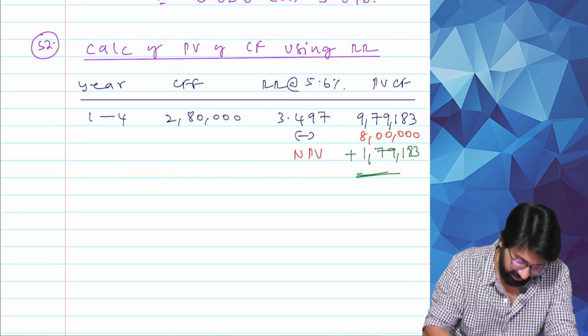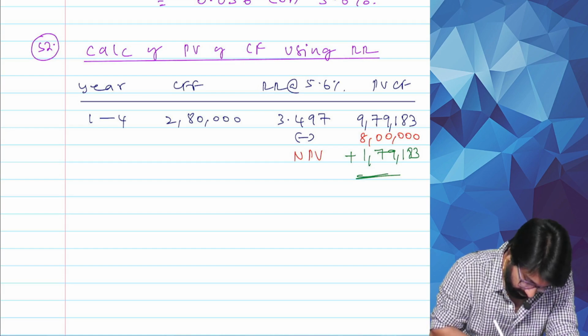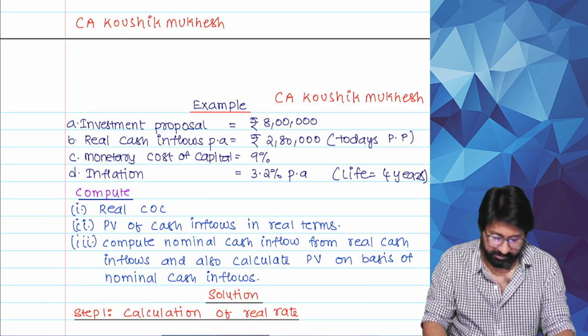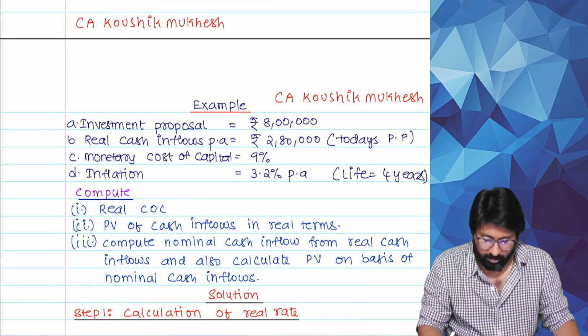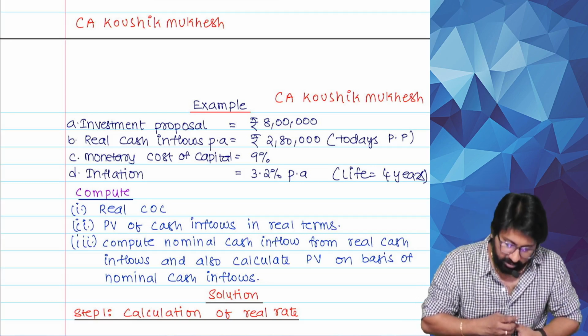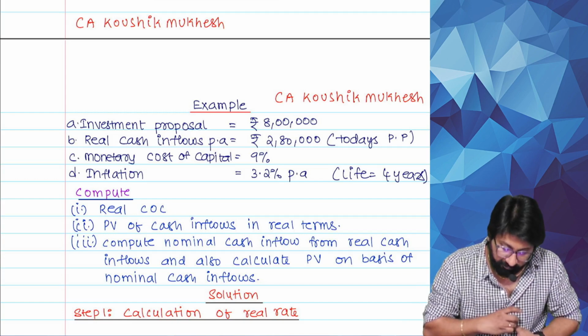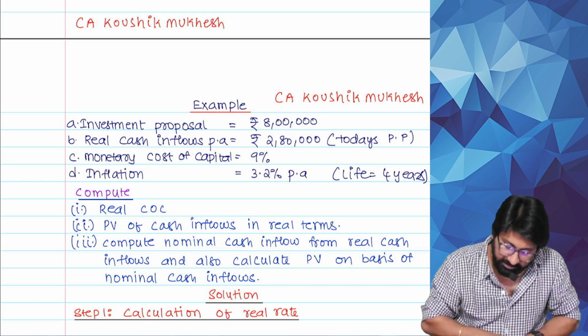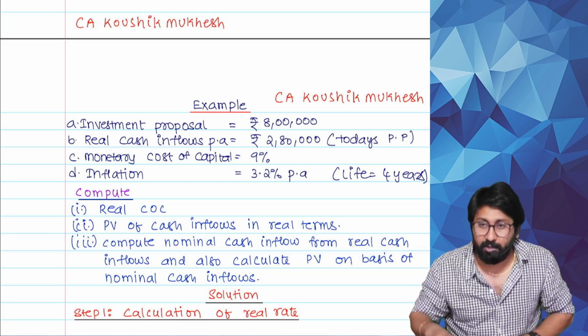Okay, next, step 3. Important step. Read the question first. Compute nominal cash inflow from the real cash inflow and also calculate present value on the basis of nominal cash inflow.